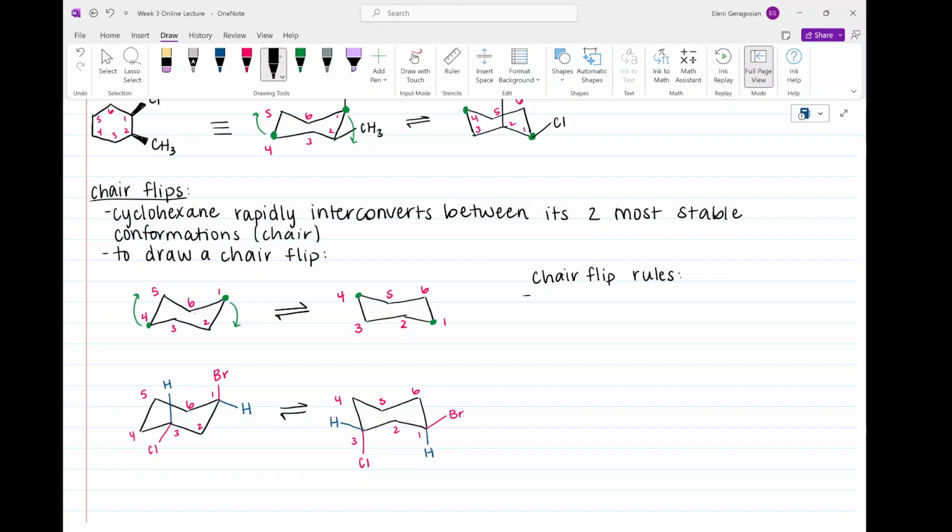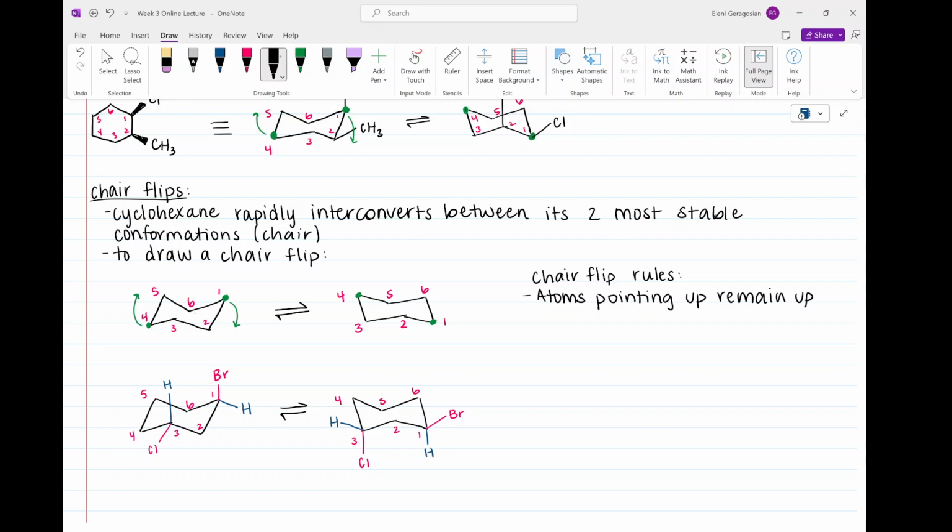So remember, if we look at bromine, it was pointing up in the original structure, and it's still pointing up in the chair flip. So for substituents, atoms pointing up remain up. And what I mean by up is just above the carbon bonds within the ring.